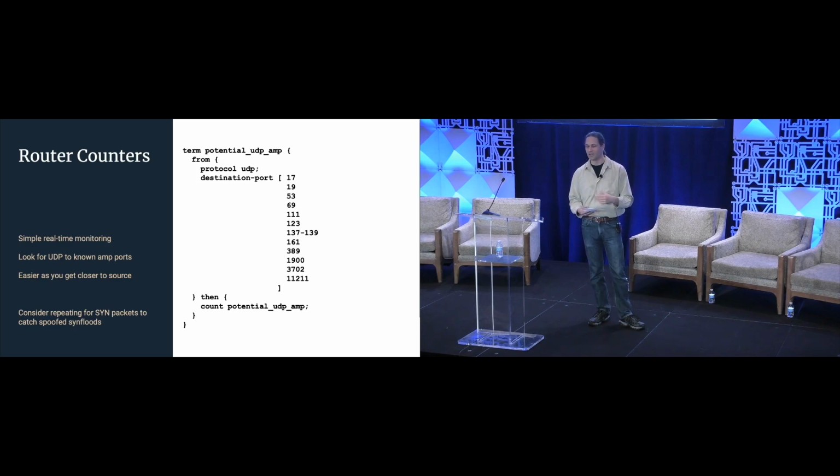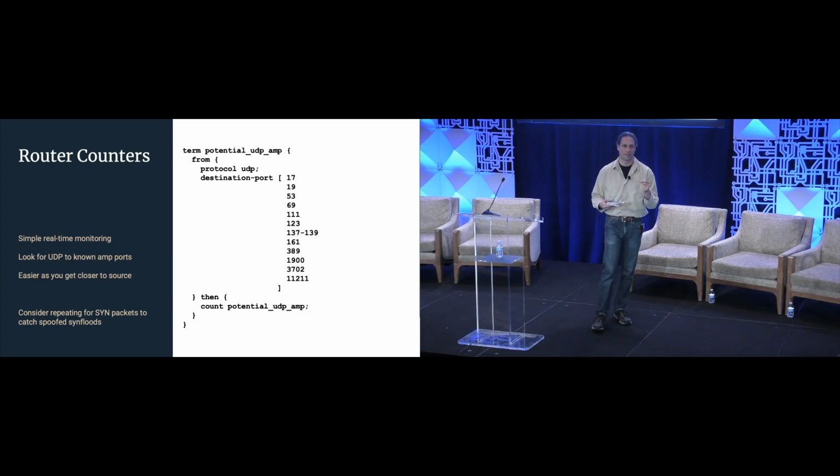Obviously, if you're a leaf node and your only peer is a transit provider, this isn't going to be very helpful to you. But if you have a lot of peers, then this can be used essentially for some form of traceback. Now, keep in mind, this is only going to show the largest attacks. But as you get closer to the source, these things are very focused, right?